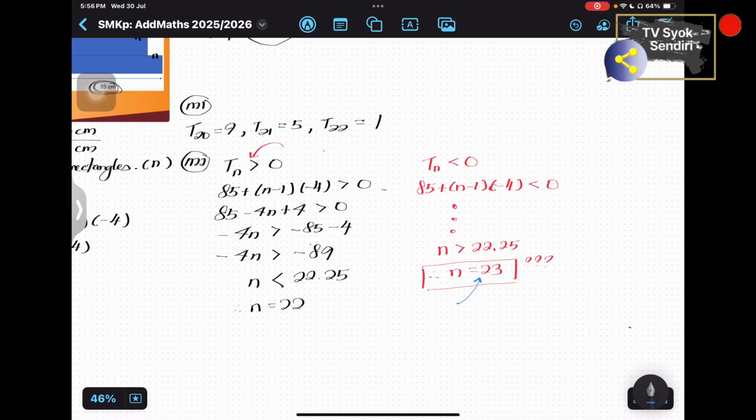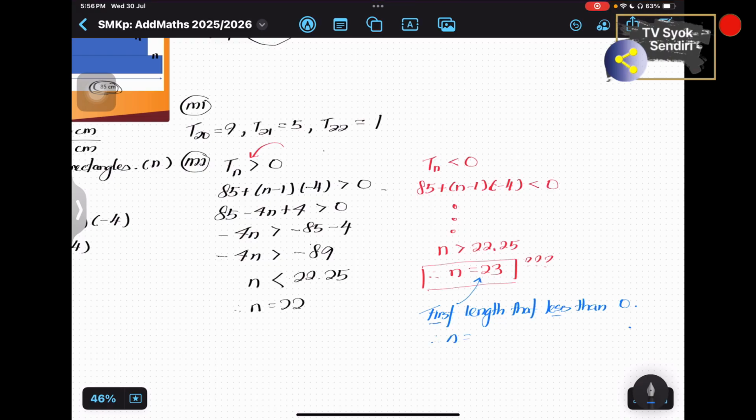Your n equal to 23 is actually referring to the first length that is less than 0.